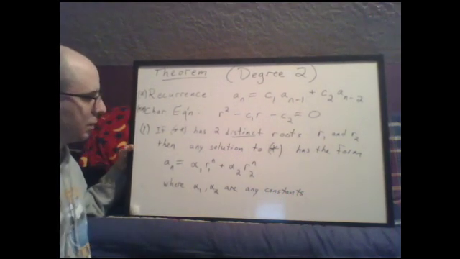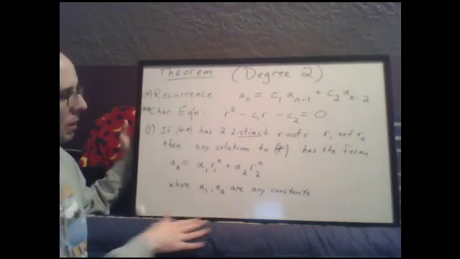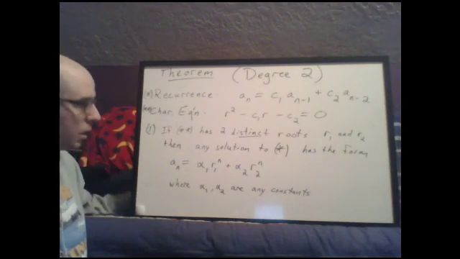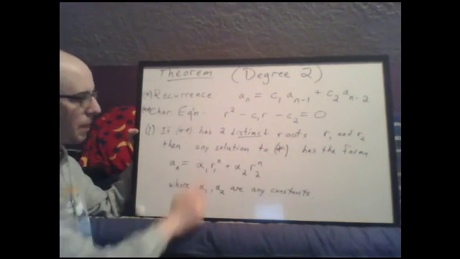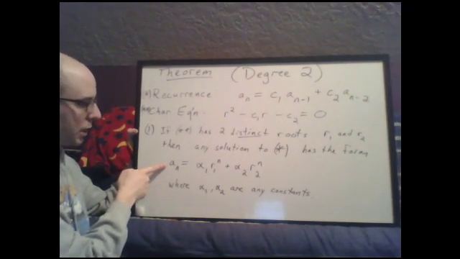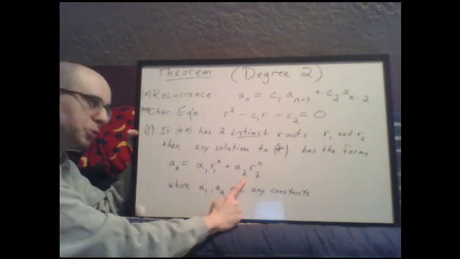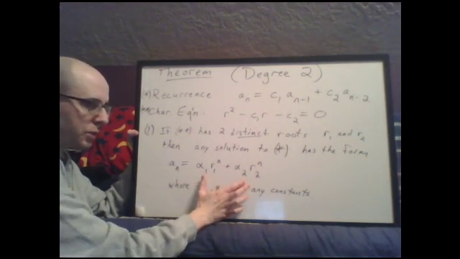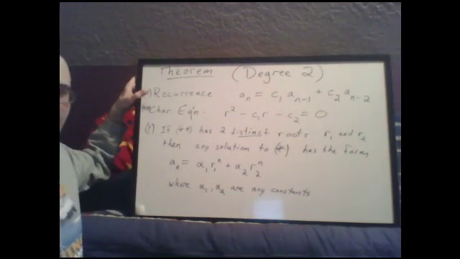So I think my wording got a little bit garbled here, but let me repeat it clearly. Once we find these two roots to the characteristic equation, if I write a solution like this, a_n equals alpha 1 r1 to the n plus alpha 2 r2 to the n, where the alphas are any numbers, that will give me a solution to the recurrence.